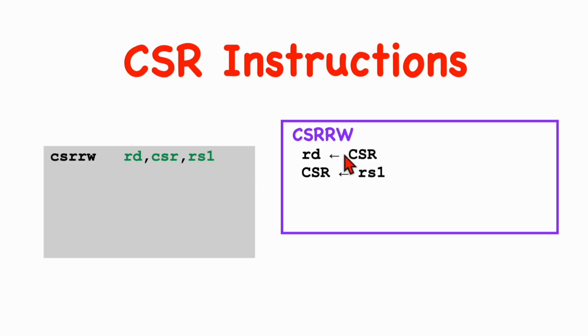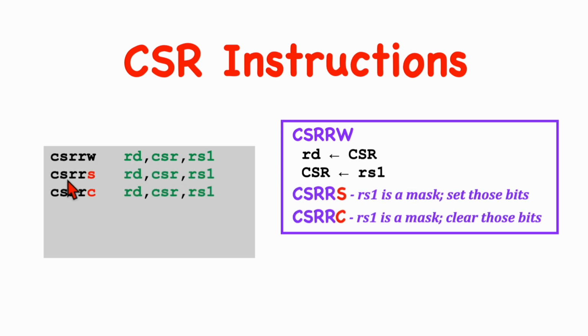The old value of the CSR is copied into a destination register, and the CSR is then updated using the value contained in a source register. This instruction does both the read and the write simultaneously and atomically. So if the destination and the source registers are the same, it actually performs a swap. And this ability to perform a swap will come in handy later, so keep that in mind.